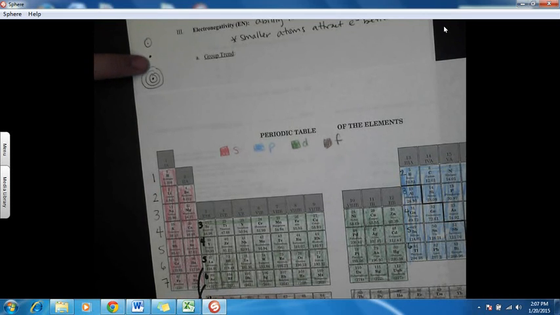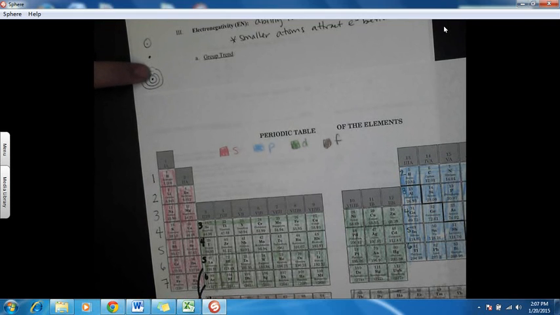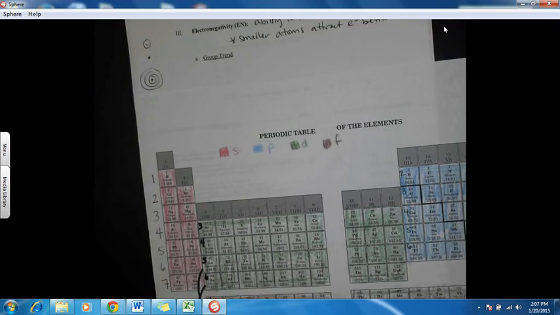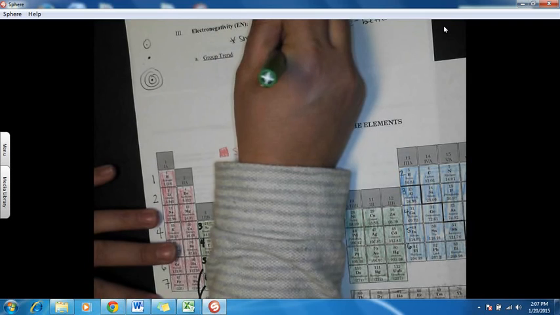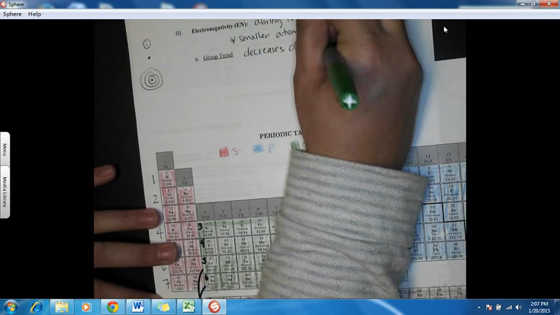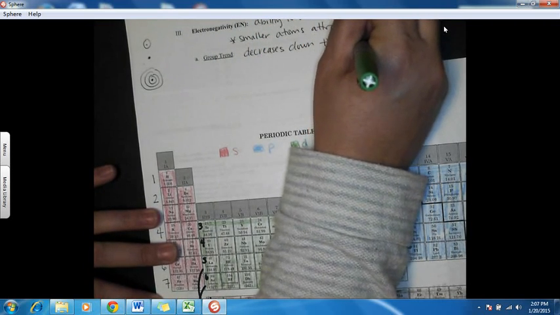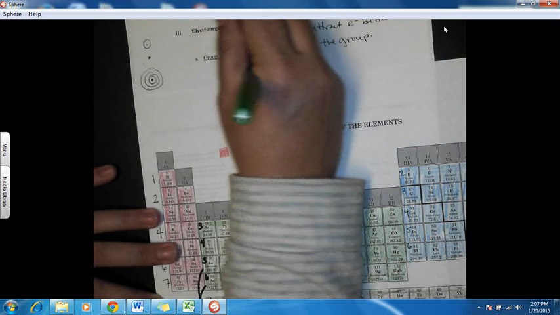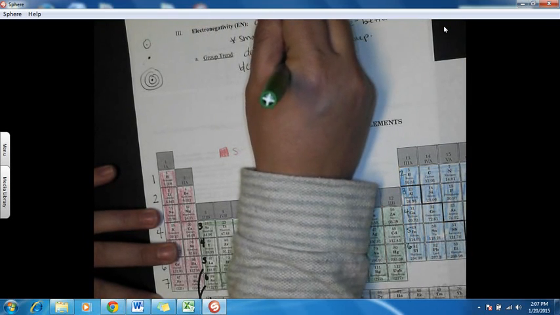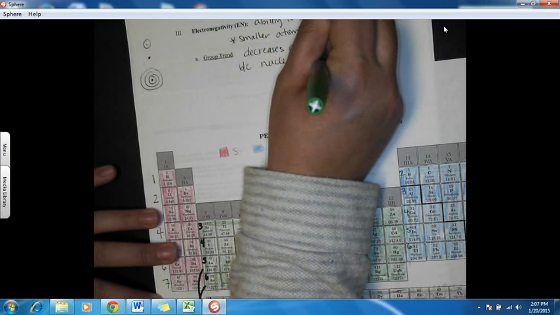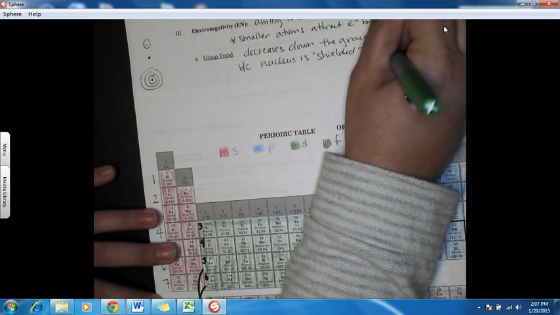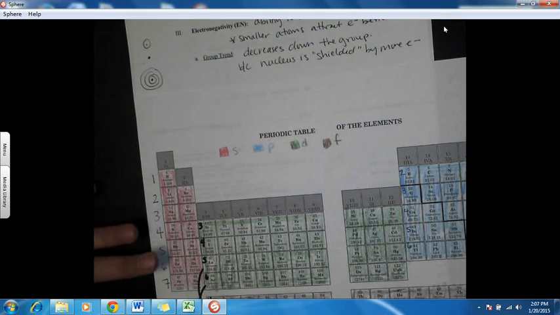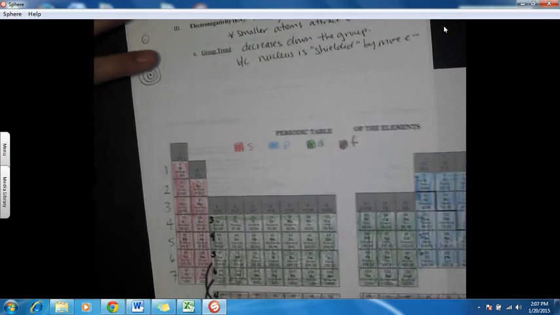Whereas this one has all these electrons in between that are in the way of this nucleus being able to attract that electron. So electronegativity decreases down the group. And again, that's because the nucleus is shielded by more electrons. And so the nucleus is unable to attract.